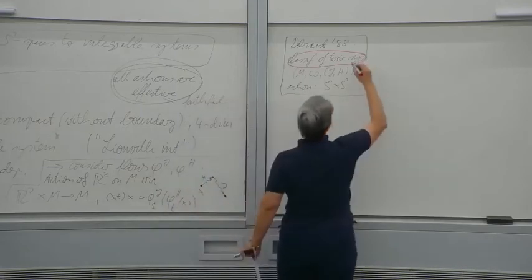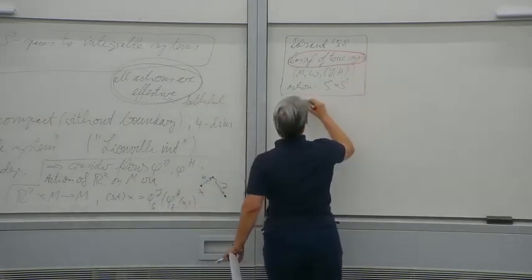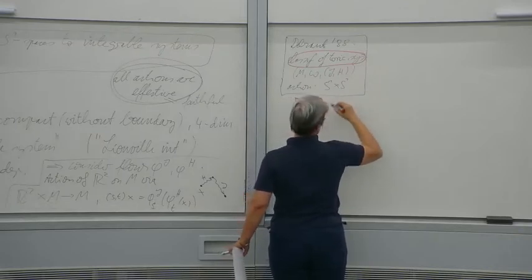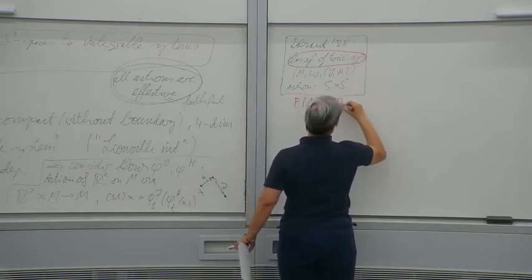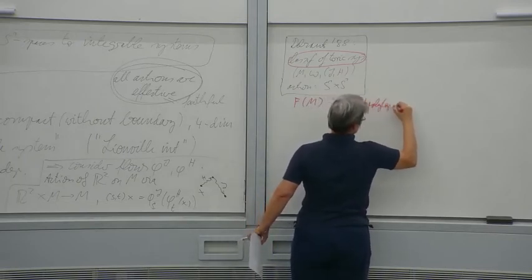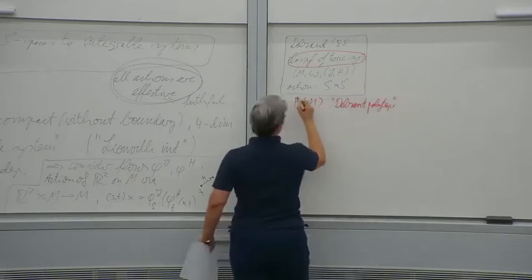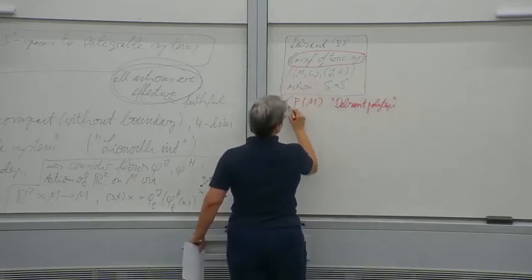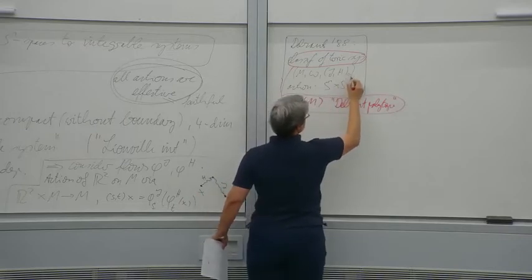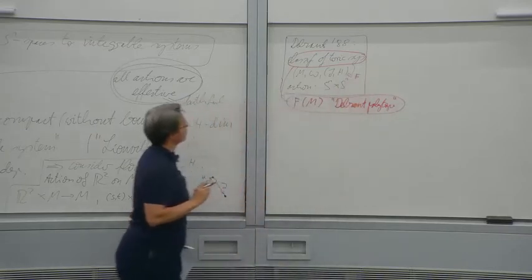So in this situation, it's classified by F(M), the Delzant polytope. And F is here just both integrals together.